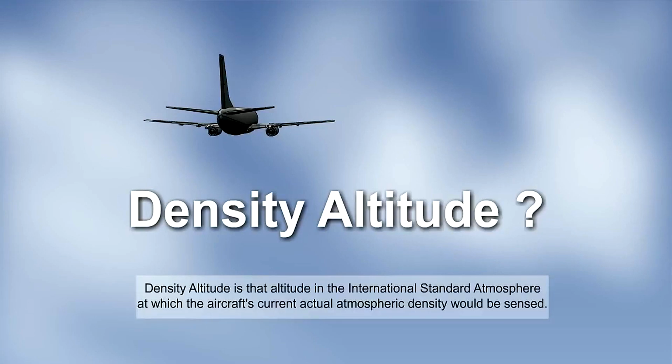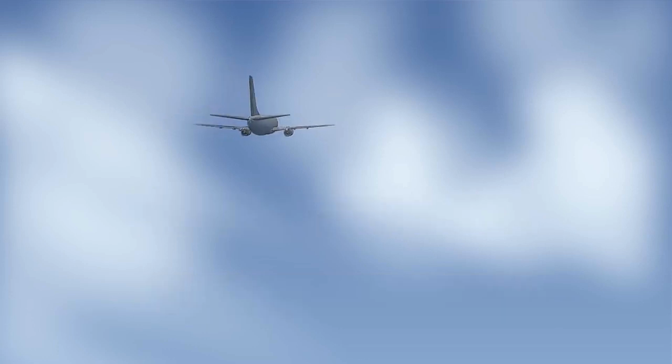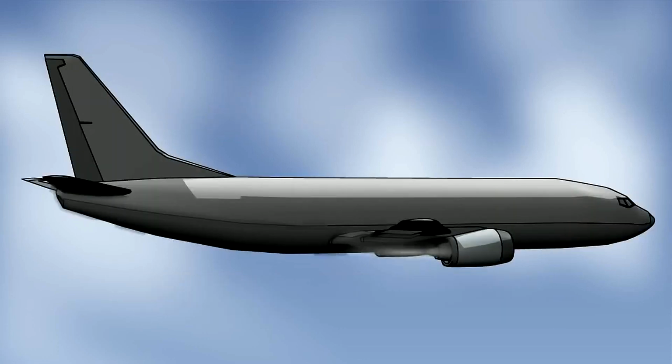Now, if we look at ISA, we see that in the ISA atmosphere, 697 hectopascals occurs at exactly 10,000 feet. Therefore, our pressure altitude is 10,000 feet.